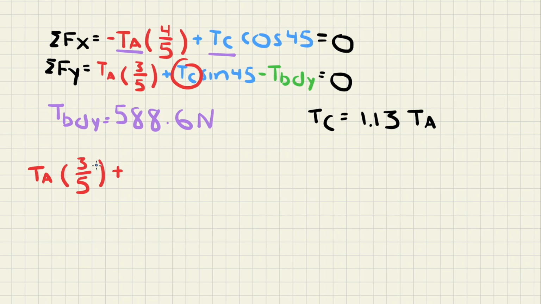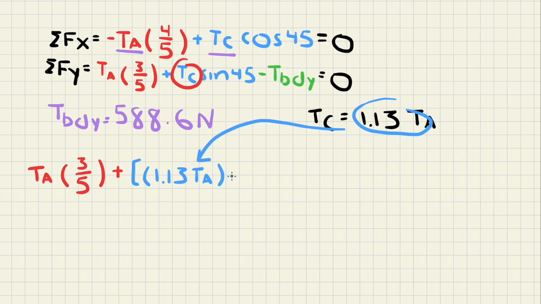So it's going to be 1.13 TA sine 45, minus TB dy, which we know from right here is 588.6, and that equals 0.